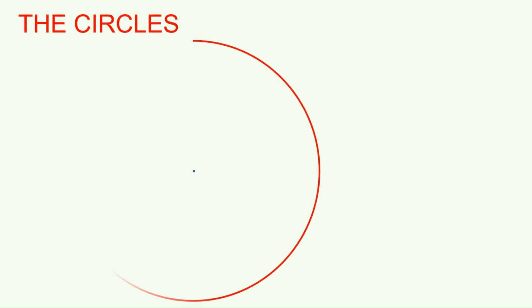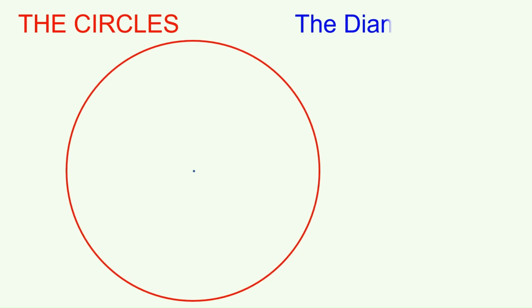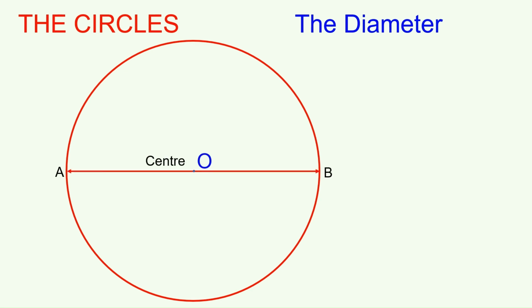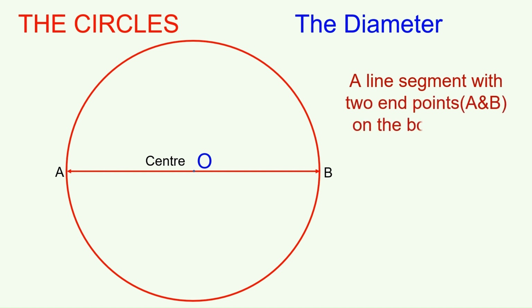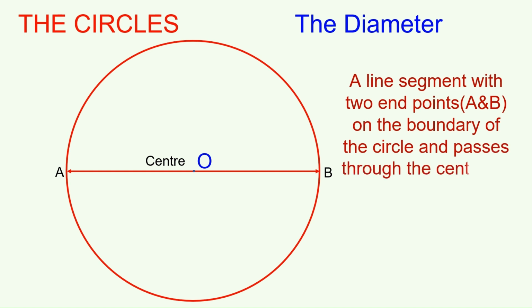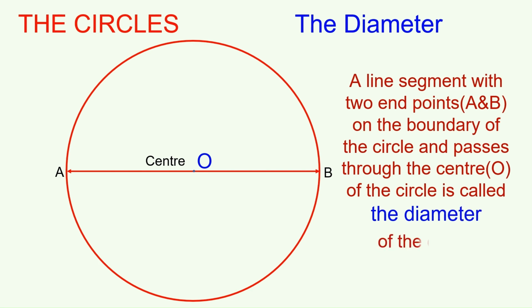The circles, the diameter. A line segment with two endpoints, A and B, on the boundary of the circle, passes through the center, O, of the circle, is called the diameter of the circle.